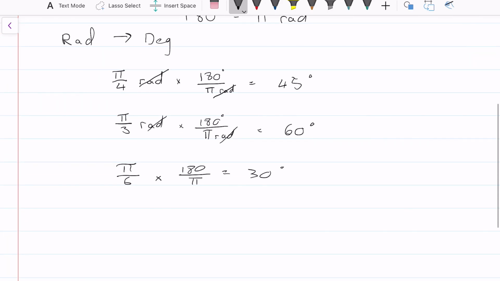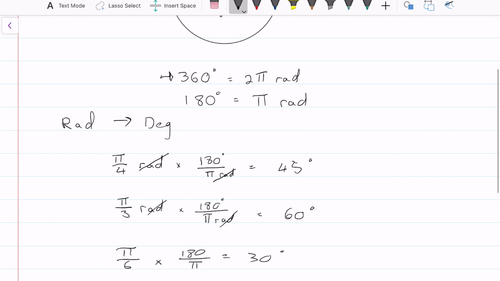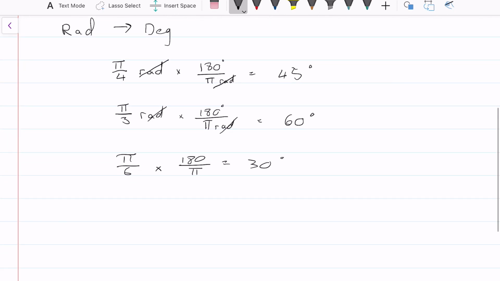Okay, so we can also use 360 over 2 pi, which gives us the same answers. Let's say we have pi radians times 360 degrees over 2 pi radians. That cancels with that to give us 180, so we're left with the normal conversion, which gives us 180 degrees.